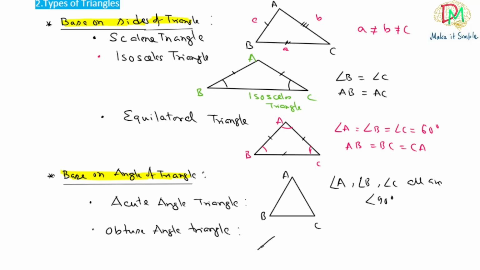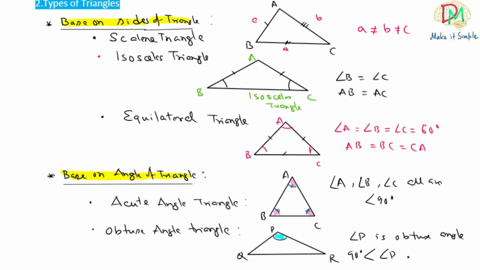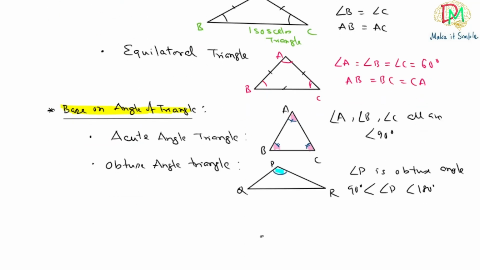Here is the example, and this angle is obtuse angle, means greater than 90 degree and less than 180 degree. Clear? This angle, and here means angle P greater than 90 degree and less than 180 degree, and here only one angle should be the obtuse angle.